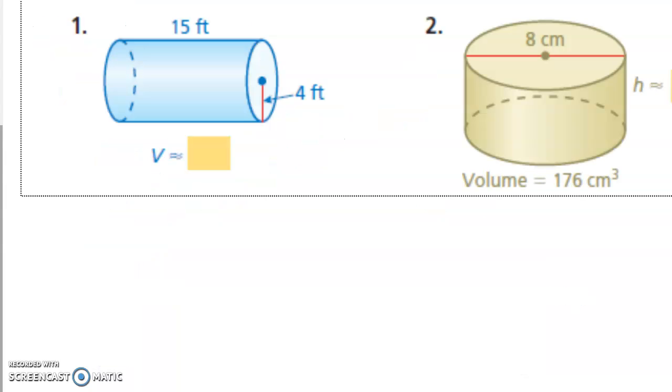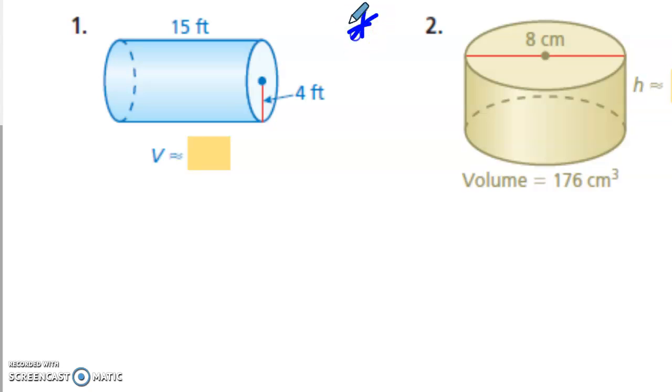Okay, a little bit more advanced problem for you. What you'll notice on this one right here is I know that the diameter is 8. I know that the total volume is 176 cubic centimeters. What I don't know is the height. So we're going to have to do a little working backwards. We can do it algebraically if we want.